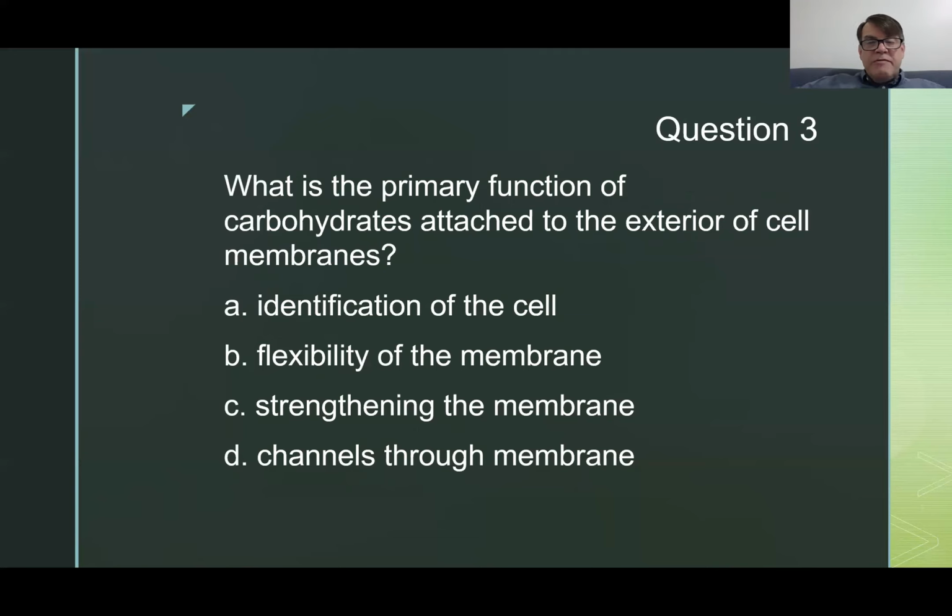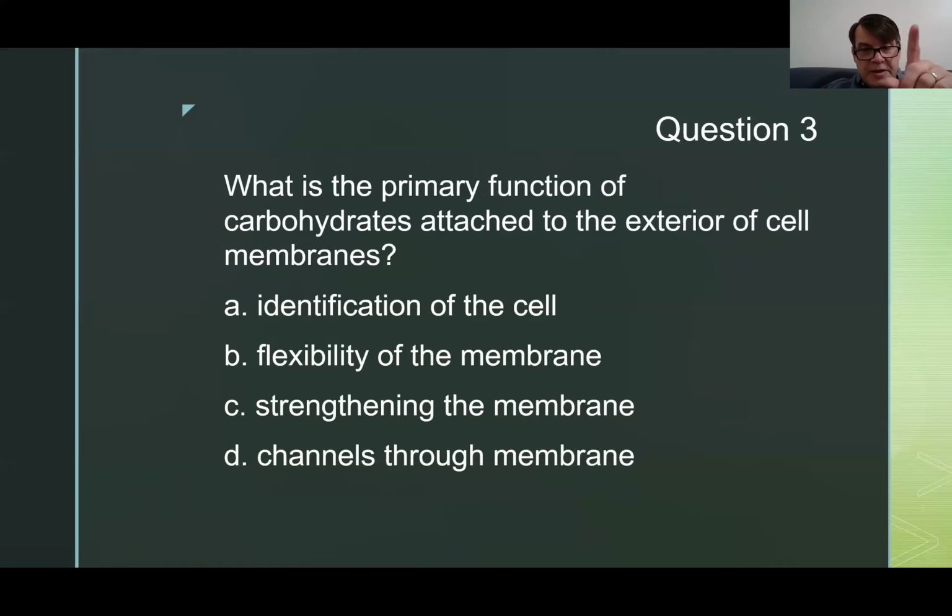Okay. What is the primary function of carbohydrates that are attached to the exterior of cell membranes? So these are the glycolipids and the glycoproteins. Well, I'm thinking it's A, but double check, because remember, they're the security guards that are up there, helping with identification.